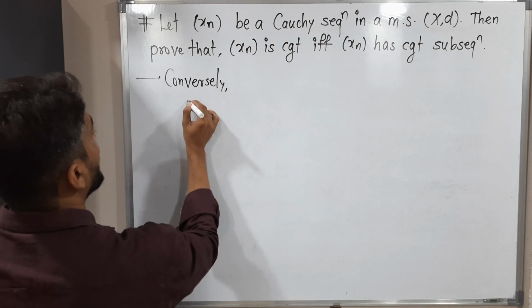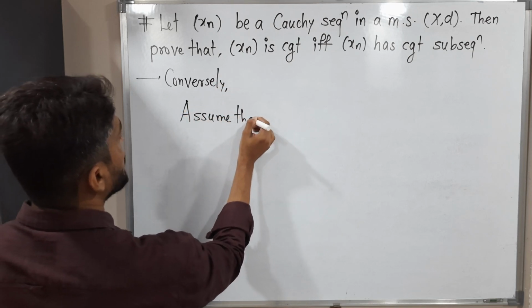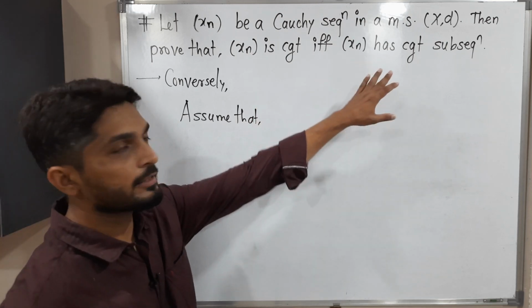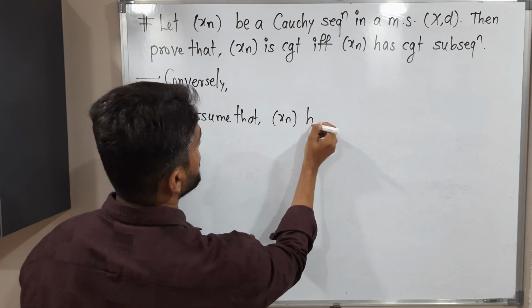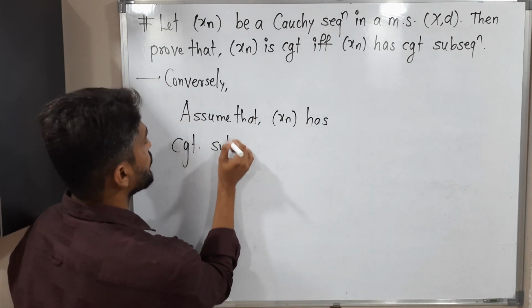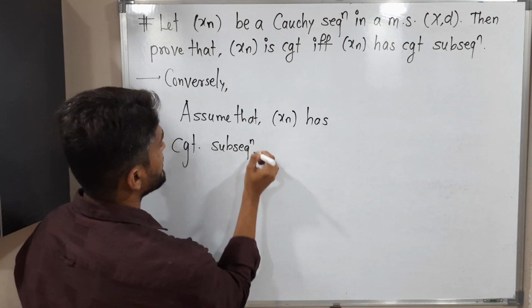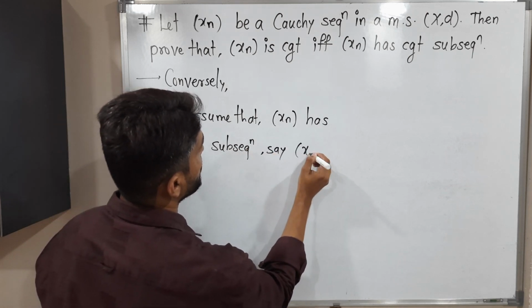So, we assume that x_n has a convergent subsequence. Let us say x_{n_k}.